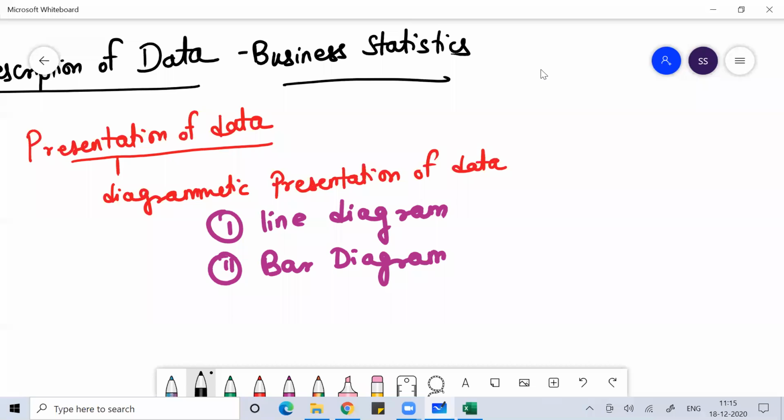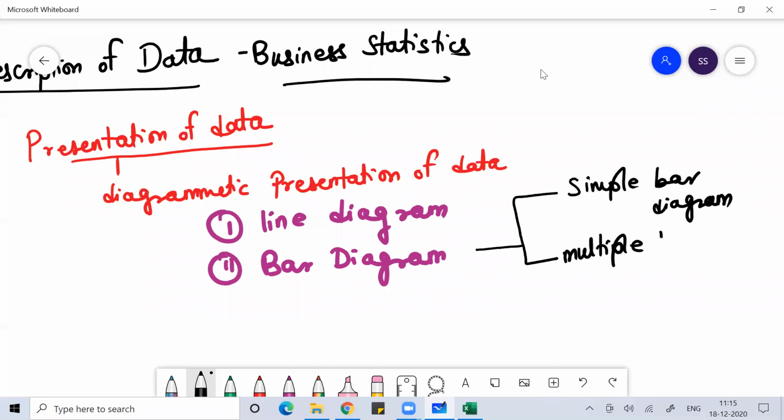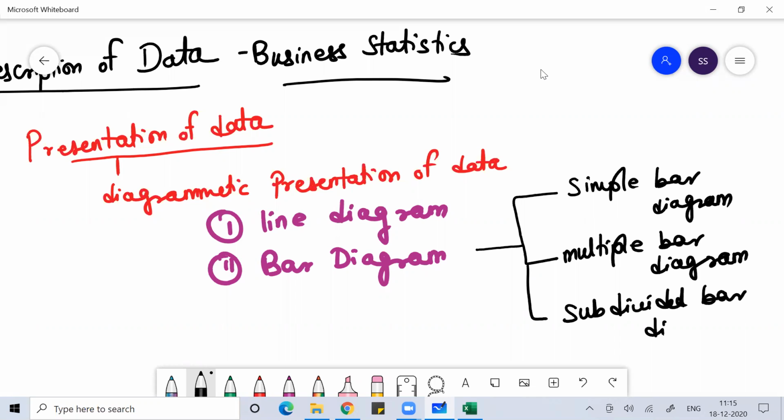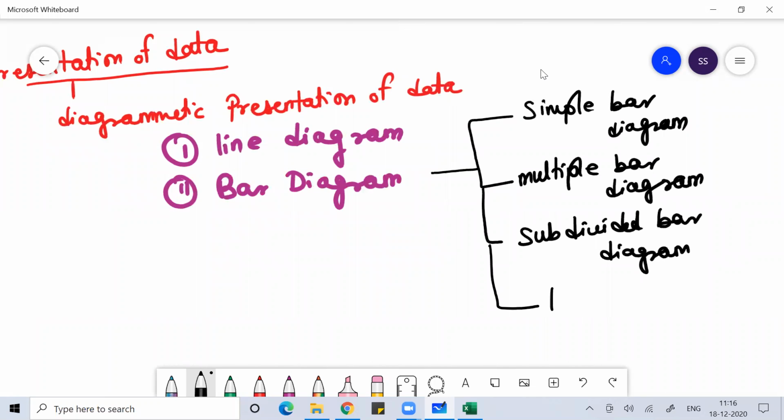So in the bar diagram, we talk about different forms.